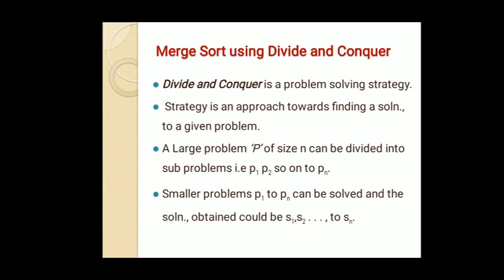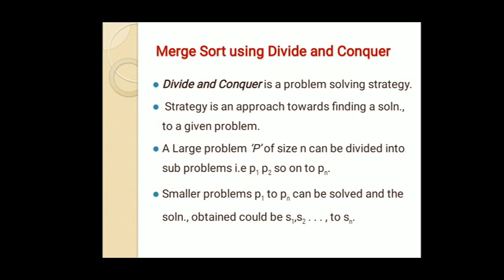After dividing, we are trying to find the solutions to those smaller problems, p1 to pn. We find the solutions, say s1, s2 to sn, which would be the respective solutions for problems 1, 2 till pn.